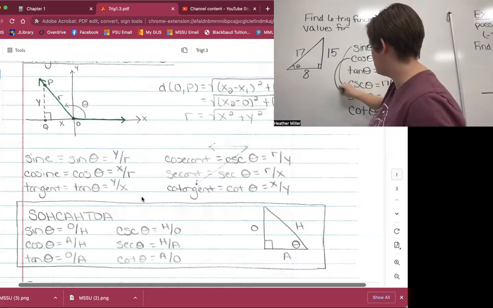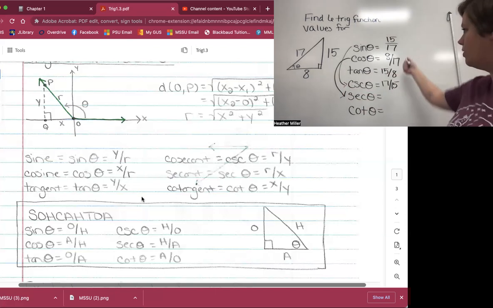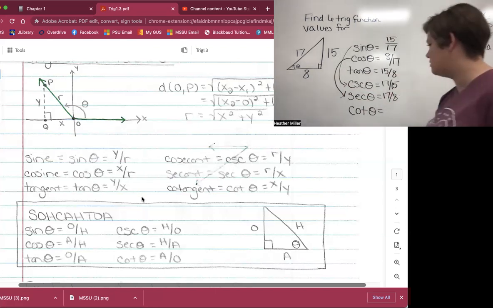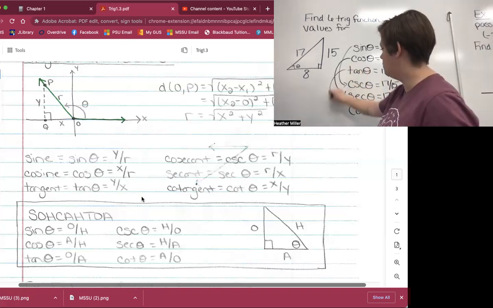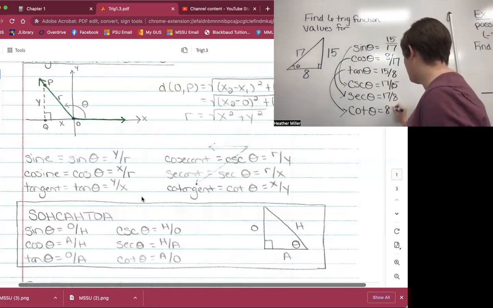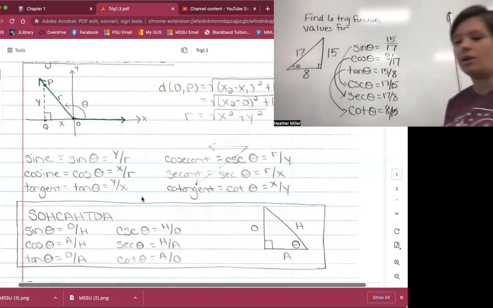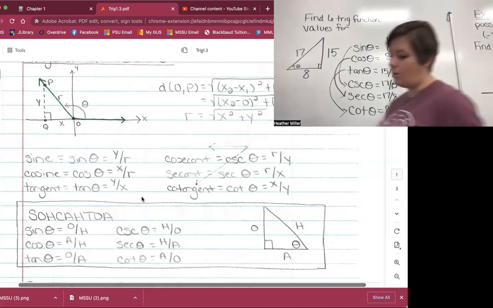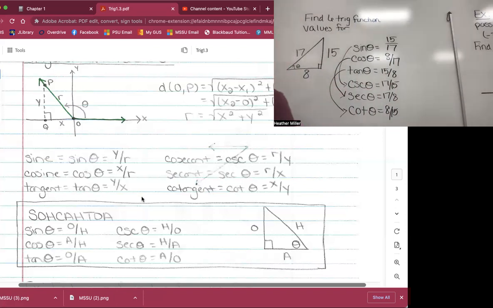Cosine correlates with our secant. So if cosine was 8 over 17, then this is 17 over 8. And tangent correlates with cotangent. So if tangent was 15 over 8, then we now have 8 over 15 for our cotangent. That is how we identify the 6 trigonometric functions for a given triangle.